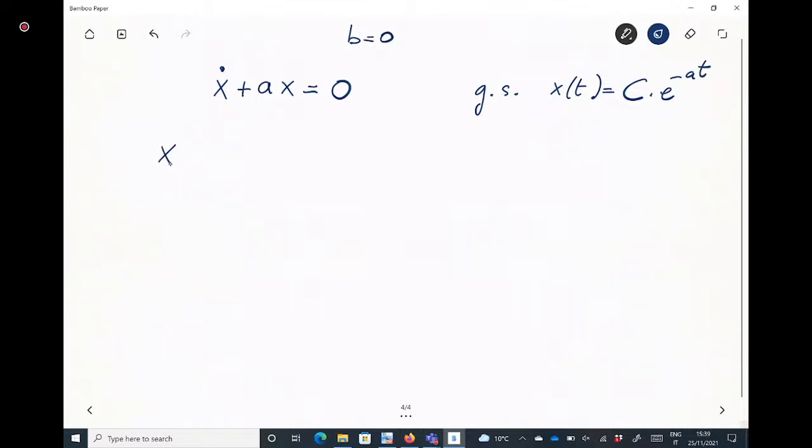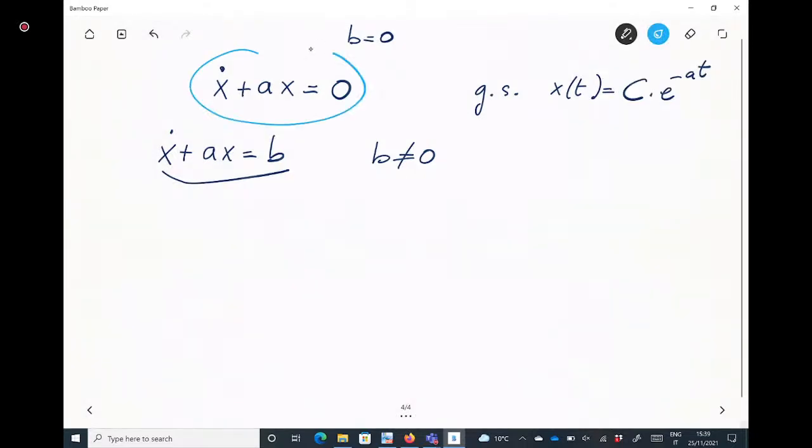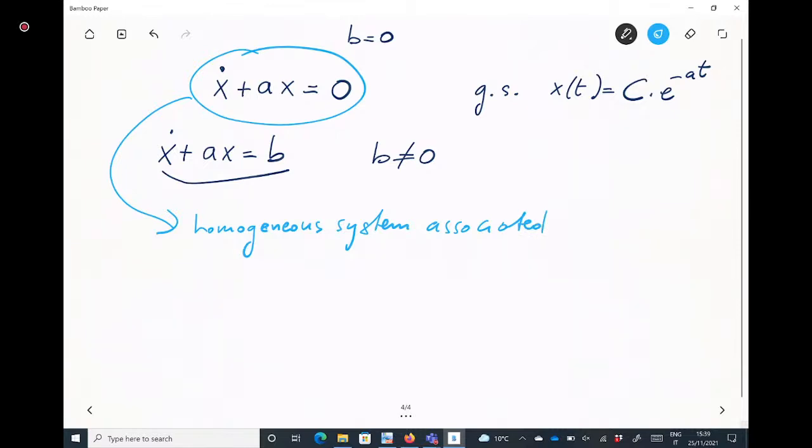Now consider the system in which b is not equal to 0, x dot plus ax equal to b. Here b is different from 0. If we start from this one and then we consider this one, we say that this is the homogeneous system associated to our given system, which is not homogeneous.